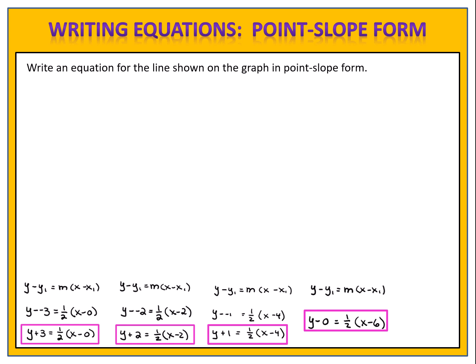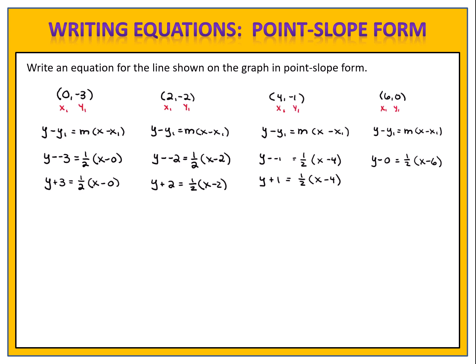I told you they're actually equivalent, and I'll demonstrate that. Suppose we decided to rearrange each of these equations and put them into slope-intercept form, in other words, y equals mx plus b. In the first one, I would distribute the 1/2 so that I'd have y plus 3 equals 1/2 x minus 0. And then I'd subtract 3 from both sides. y equals 1/2 x minus 3.